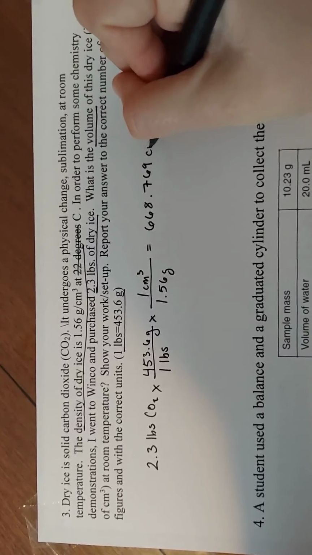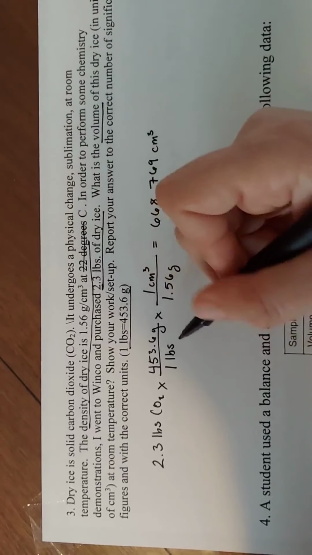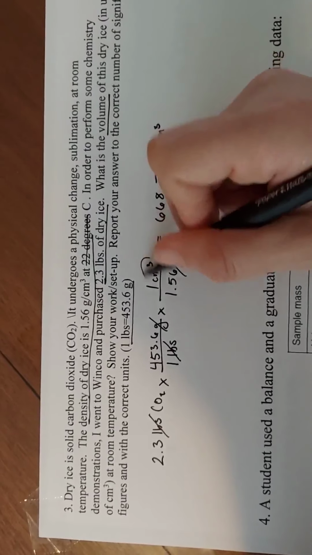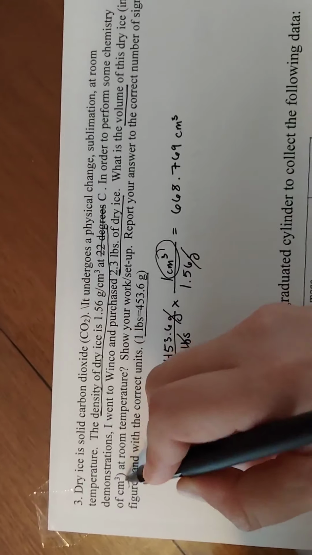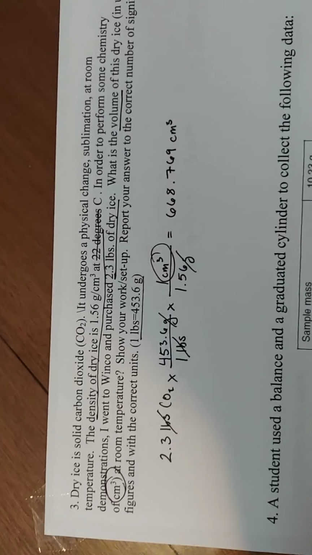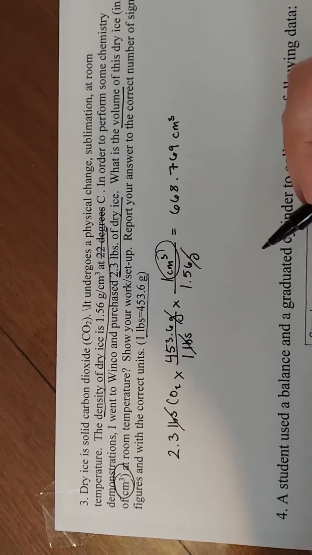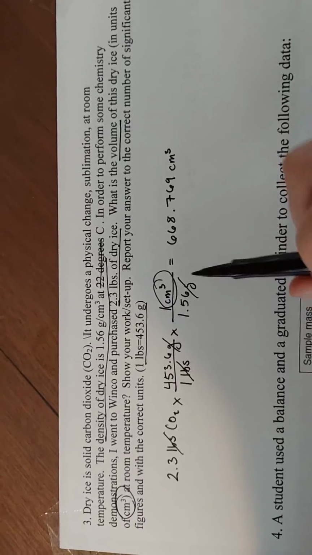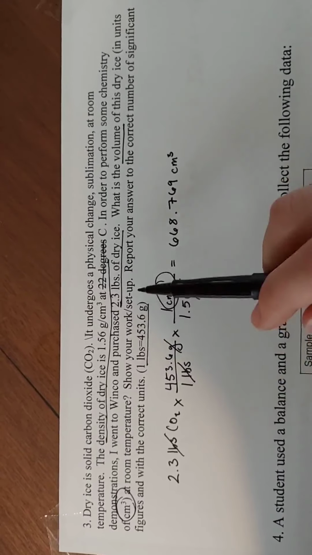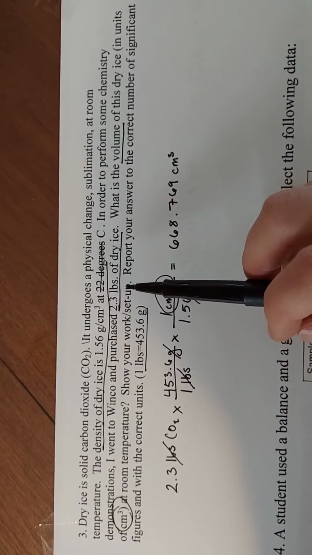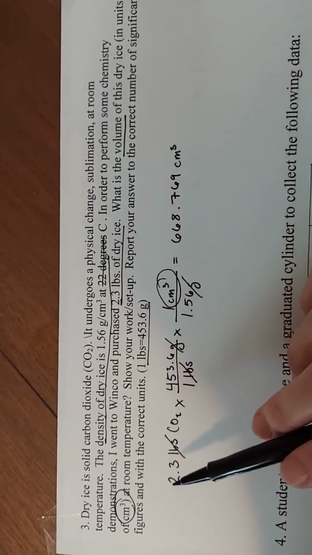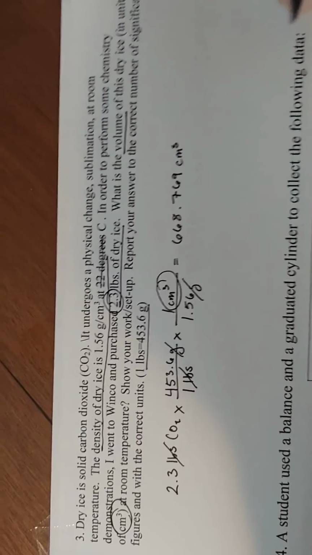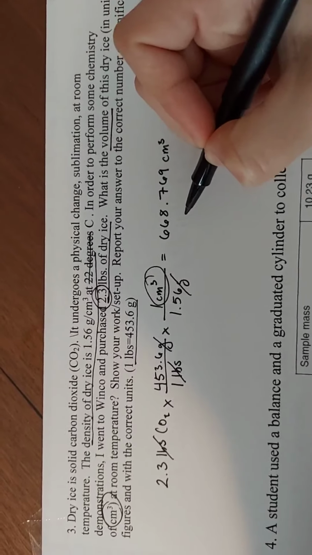Okay, so when I put this into my calculator, I am given 668.769 centimeters cubed. Pounds cancel out, grams cancel out, and then I'm left with centimeters cubed, which is what the question asked of me. But then I need to account for significant figures. So when I look at the question, I see that this is my smallest number, so I only have 2 significant figures.